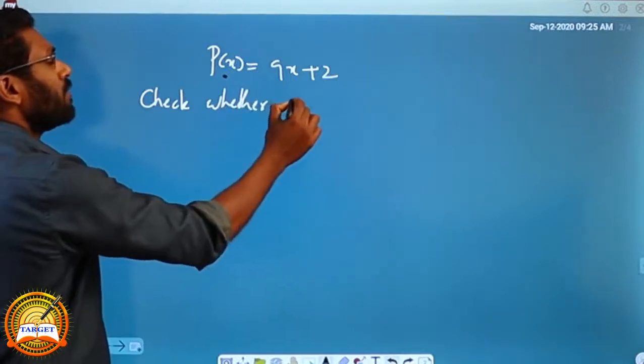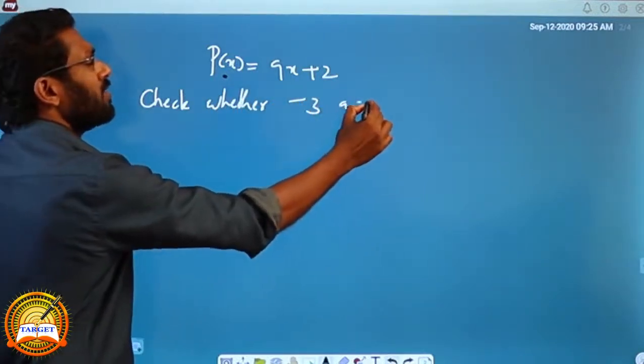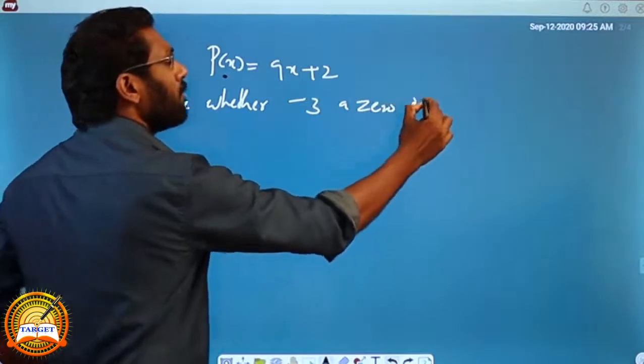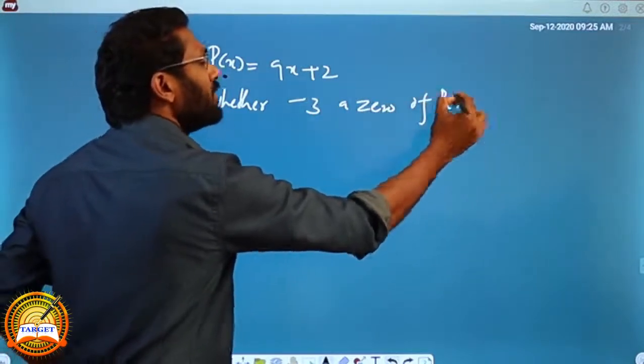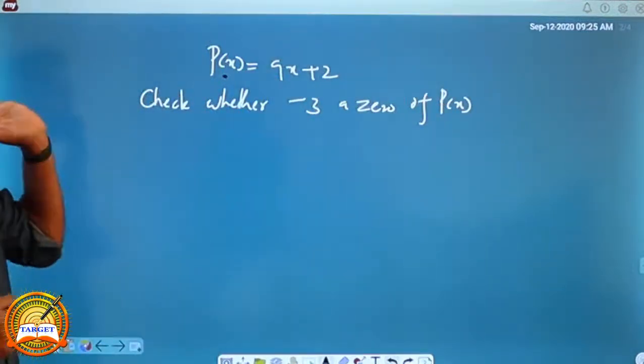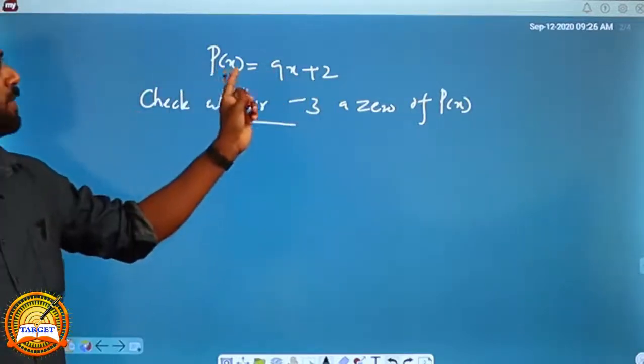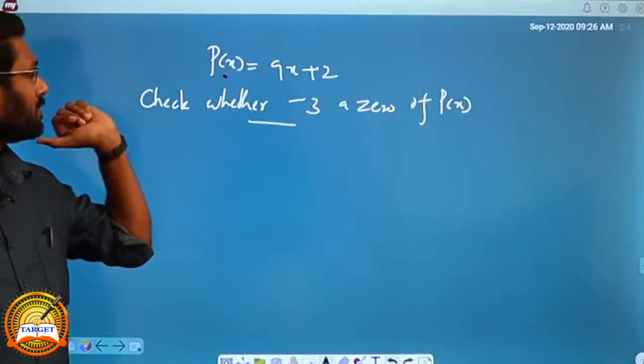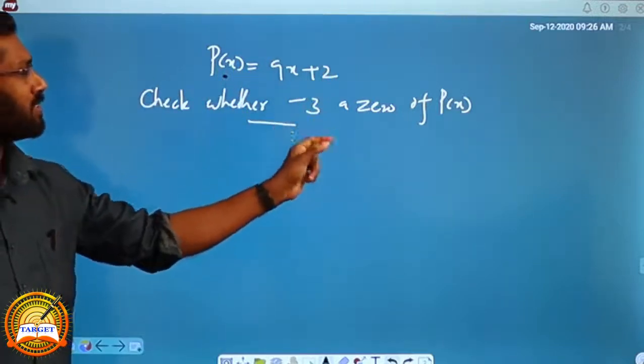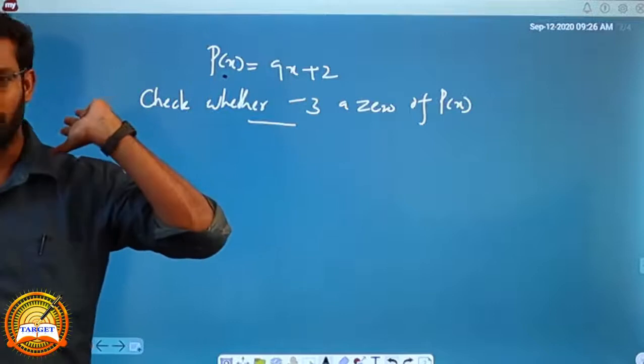We have to check whether minus 3 is 0 of p of x. So question is very clear. Polynomial is given as 9x plus 2. We have to check whether minus 3 is 0 of this polynomial.